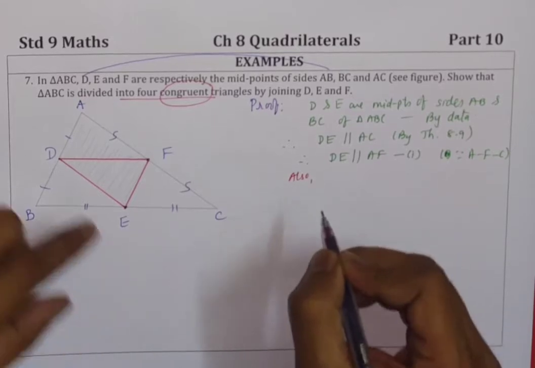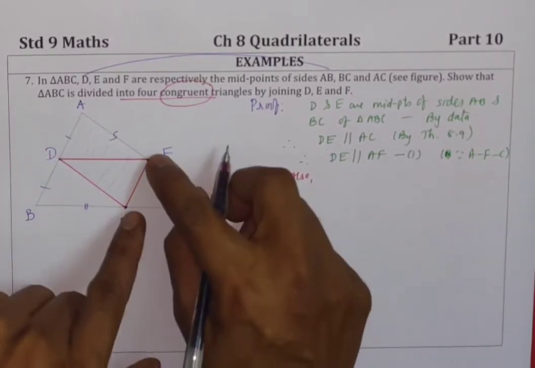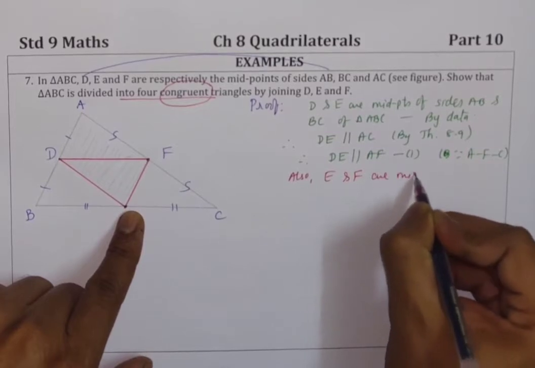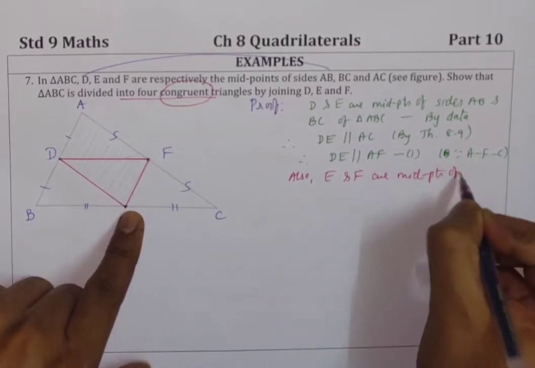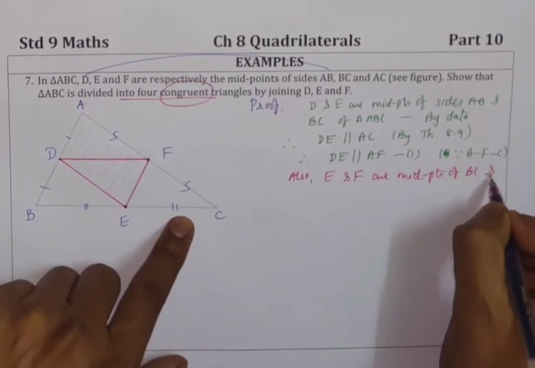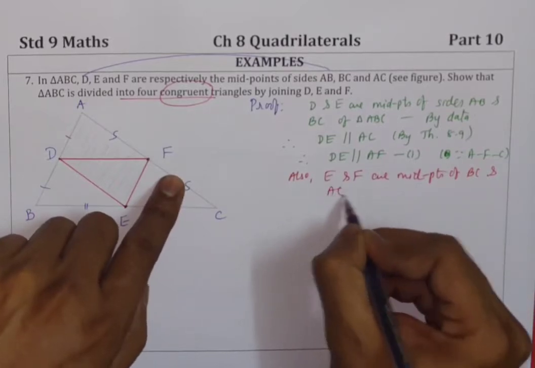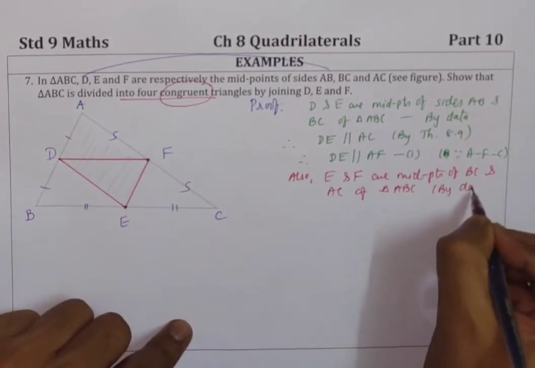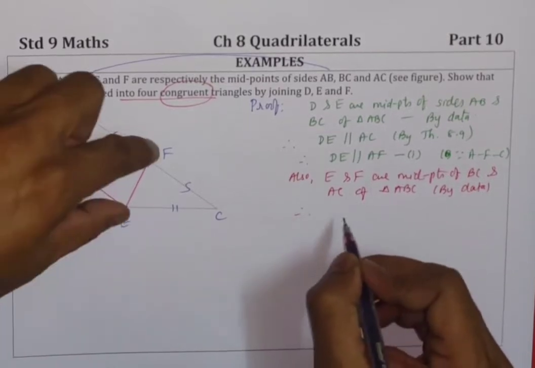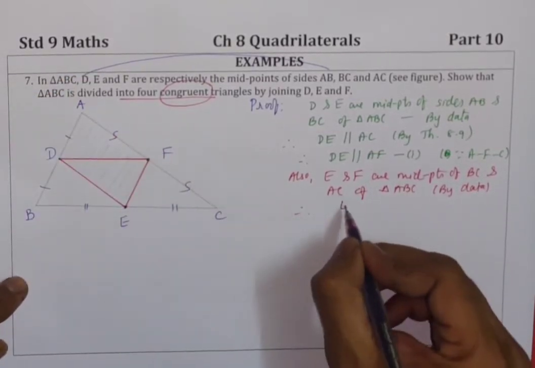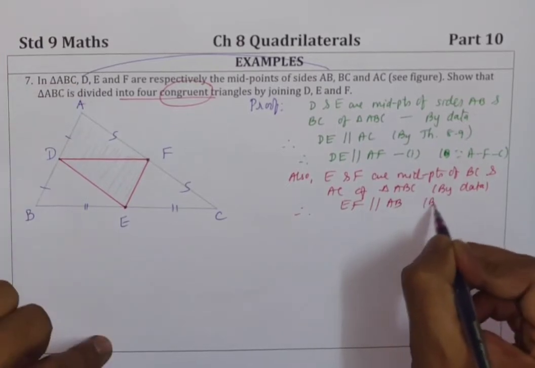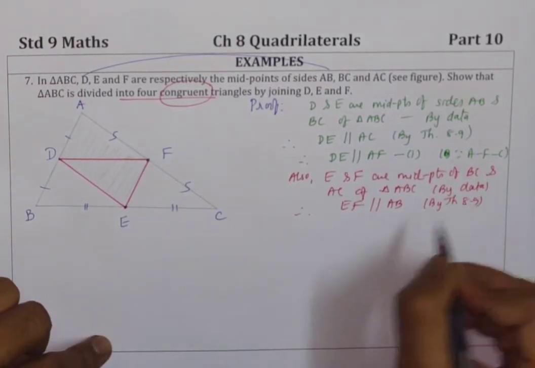Also, now see which two midpoints? E and F. E is midpoint of BC and F is midpoint of AC of triangle ABC, that is by data. Therefore, the line segment joining the midpoints EF is parallel to third side AB by theorem 8.9.